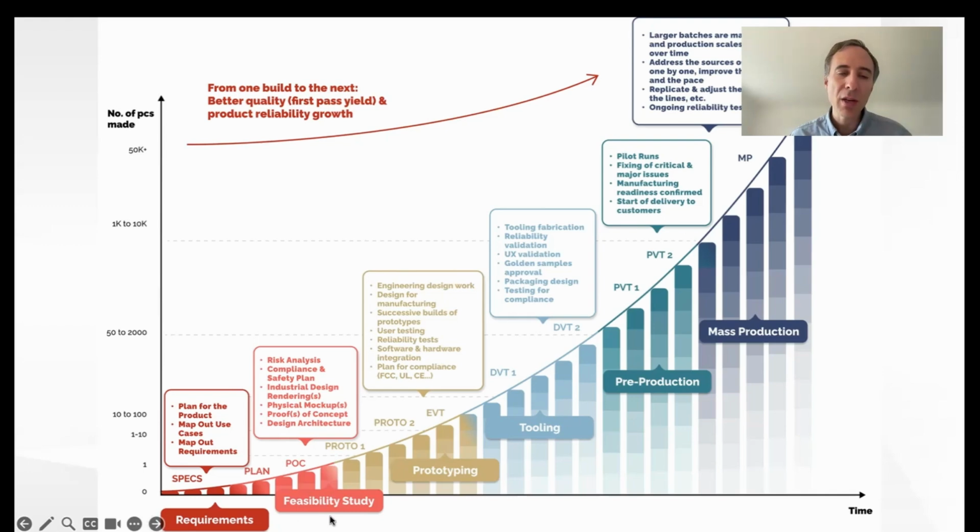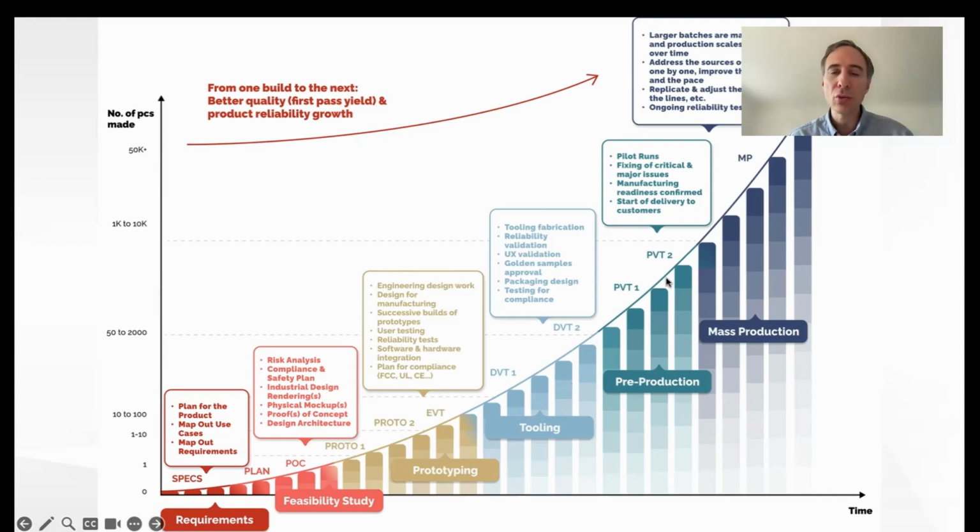Feasibility study, as I mentioned, a lot of things usually, if it's really an innovative product that is nothing like a current product already on the market, there's usually a lot of things to look at. Then prototyping iterations all the way to setting and confirming the product design and freezing it. Then usually, if there's, for example, a custom enclosure in plastic or something like this, some tooling has to be fabricated. That takes a little bit of time. There's usually some other work in the background. But then again, this leads to the ability to do reliability testing, compliance testing, and so on.